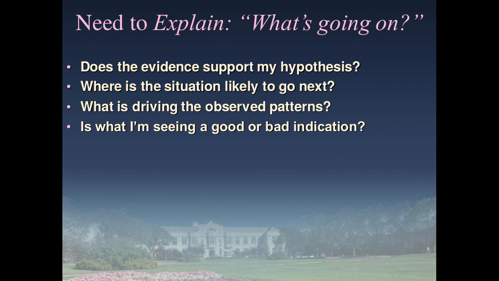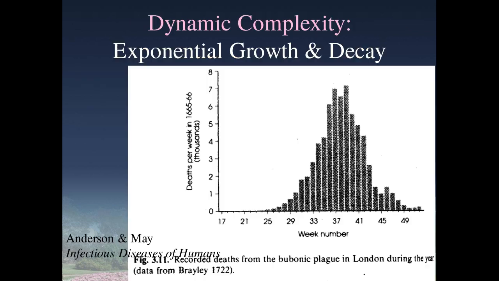And sometimes even whether what I'm seeing is good or bad is not obvious. An example is the chlamydia case, where a rising rate may be a sign of alarm and rising incidence in the underlying population, but it could also be a sign of better reporting over time, that we're simply better at identifying people out there who have risk.